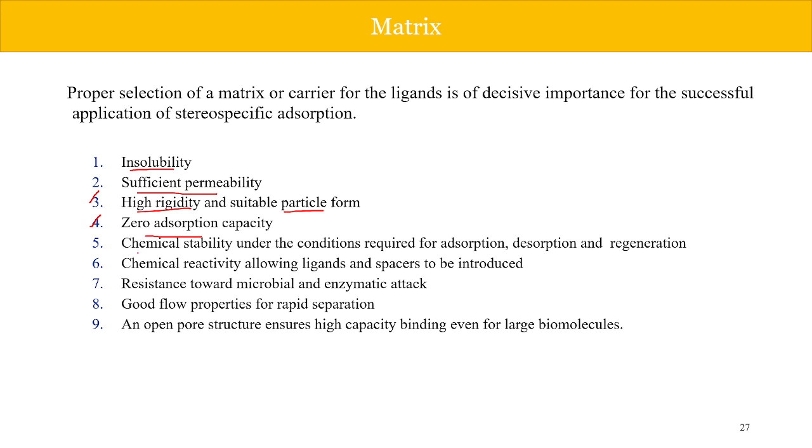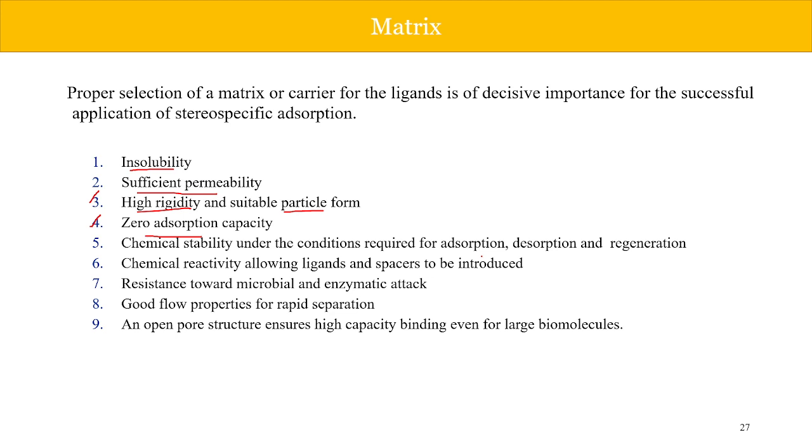It should be chemically stable under the conditions which you require for adsorption, then desorption and regeneration. Then the chemical reactivity should allow ligands and spacers to be introduced. Then this matrix should be resistant to microbial and enzymatic attack, because otherwise it would be contaminating your protein and maybe the binding would not be very proper.